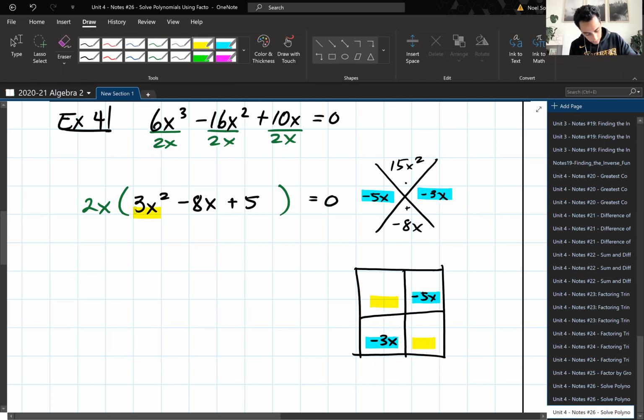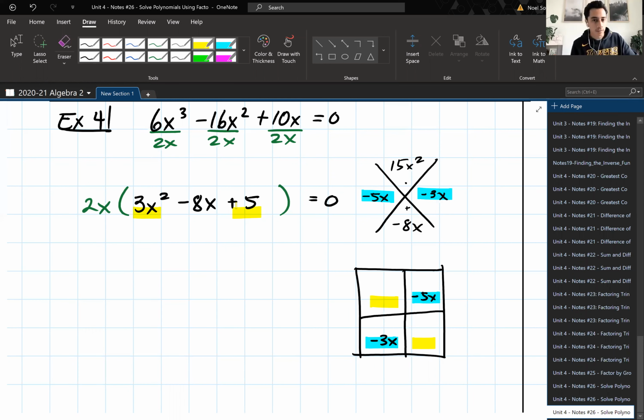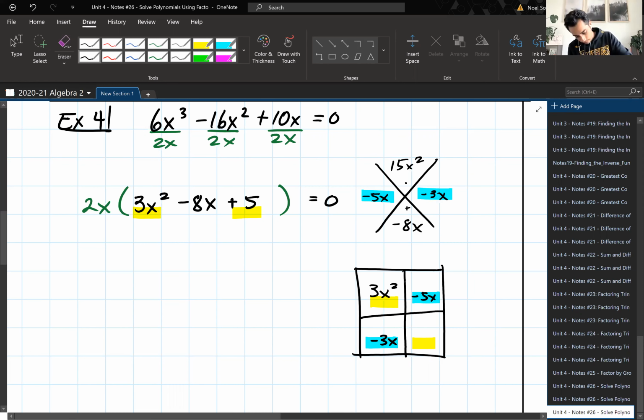Yeah, we look at the polynomial, the leading term and the final term, right? Usually it's a constant, but the leading term and the constant. All right, so 3x squared and positive 5.